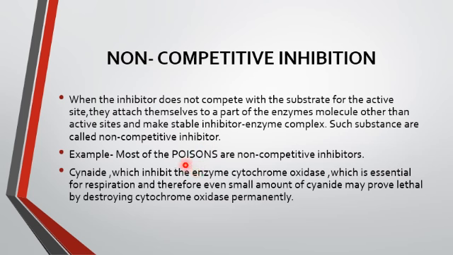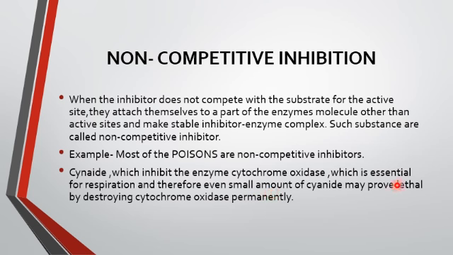For example, most of the poisons are non-competitive inhibitors. The very common and well known one is cyanide, which inhibits the enzyme cytochrome oxidase, which is essential for respiration. Therefore, even a small amount of cyanide may prove lethal.